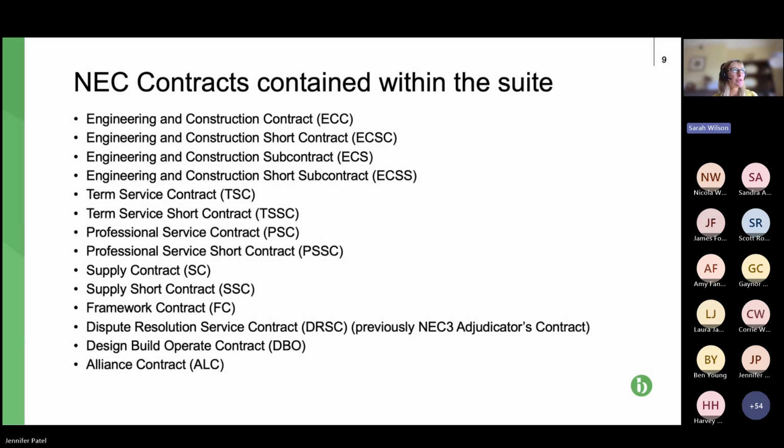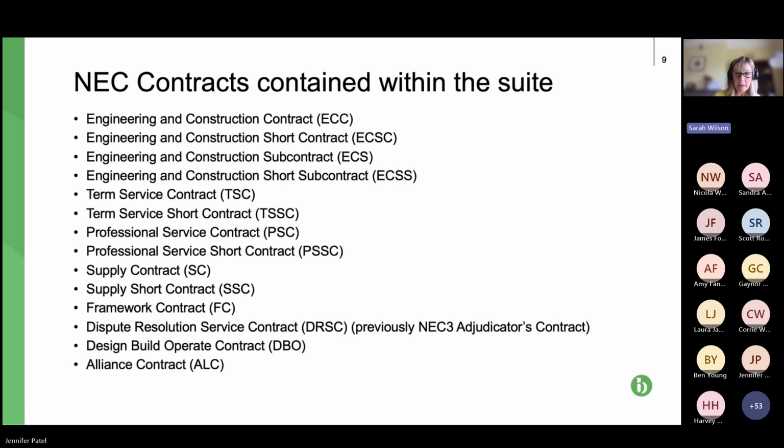Probably the ethos of these contracts has been around on and off for at least 15 to 20 years. Basically, the idea is that all the key parties to the contract, so that would be the client, the project manager, the main contractor, the key subcontractors, particularly those with any design, most of the consultants, some of the key suppliers, would all sign up to the same contract.